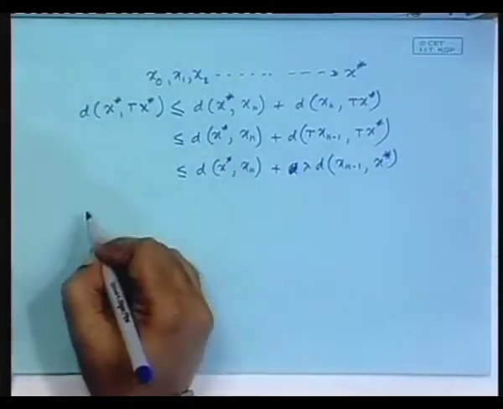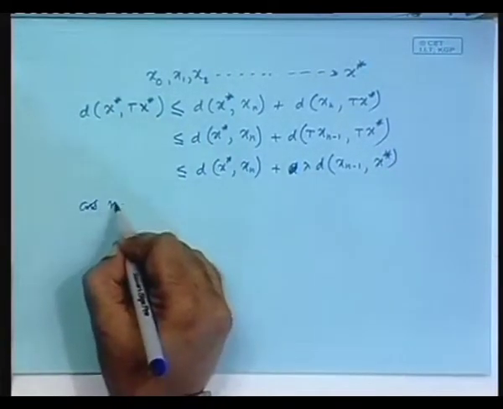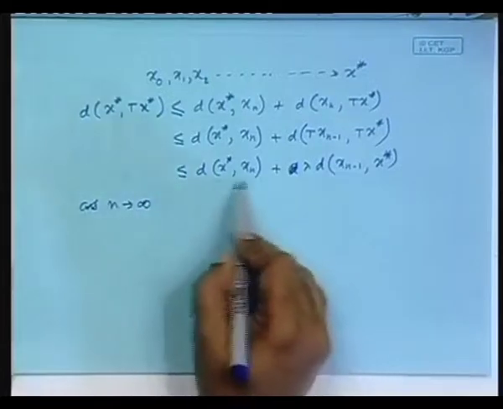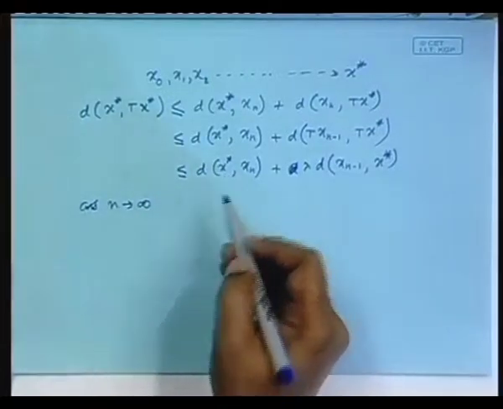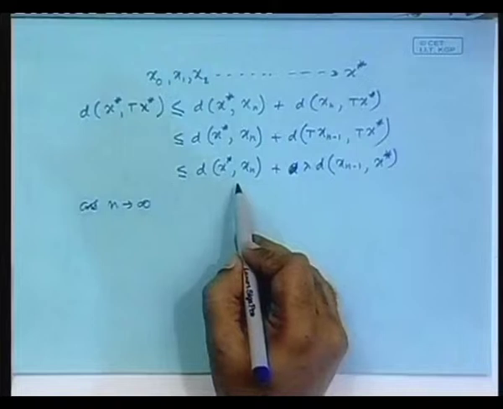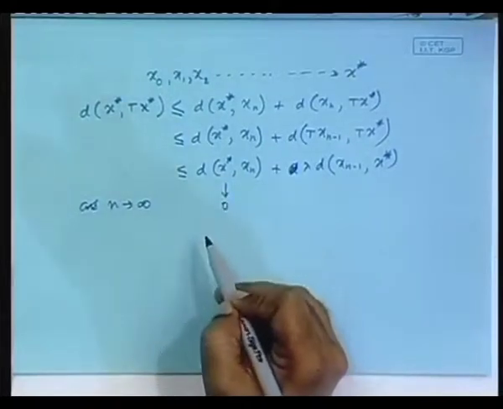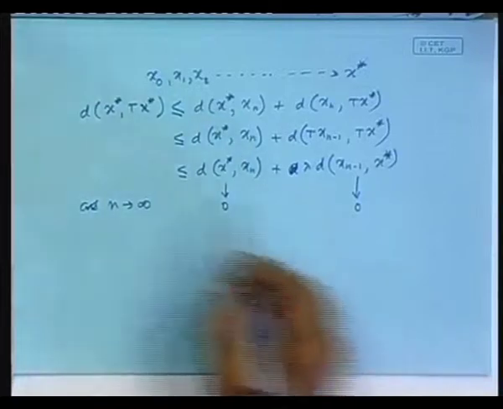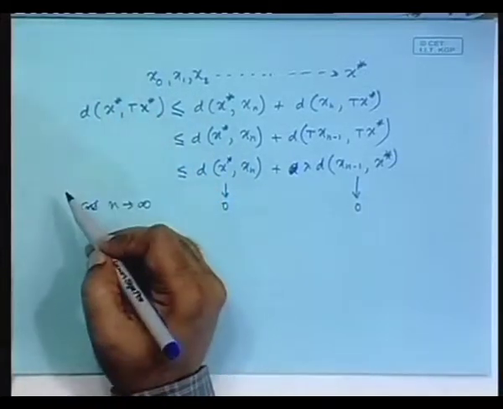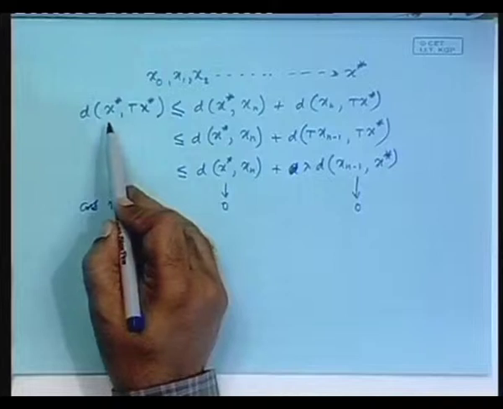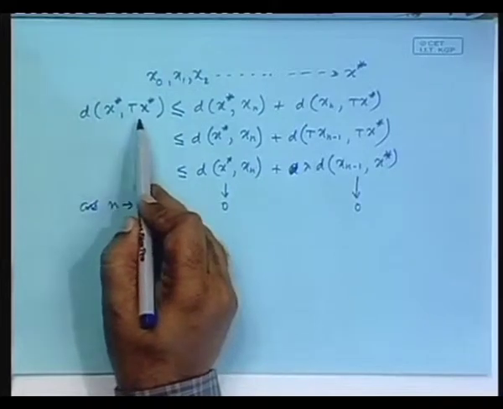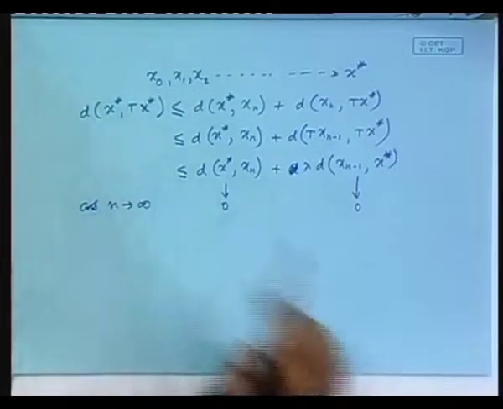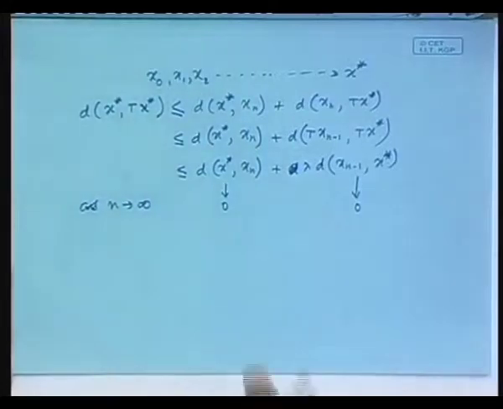Now as n tends to infinity, what happens to this one? By the earlier proof, this goes to 0 and this one also goes to 0, and therefore this thing goes to 0, and therefore the distance between x star and T x star must be 0. So that proves that it converges onto the fixed point.